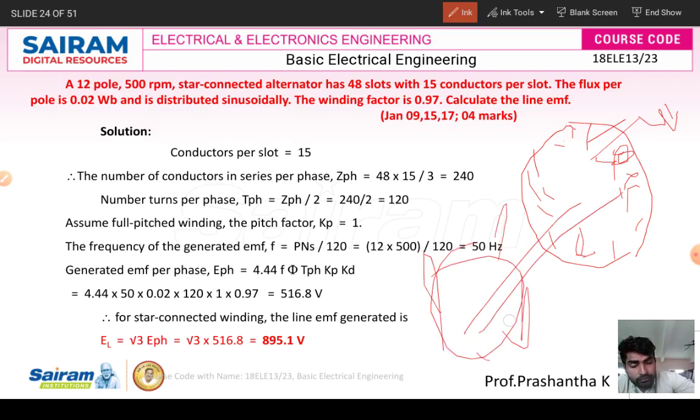The flux per pole is 0.02 Weber. Now we need to calculate the line EMF. EL is equal to root 3 E phase, where E phase is equal to 4.44 f phi m T phase Kp Kd volts.